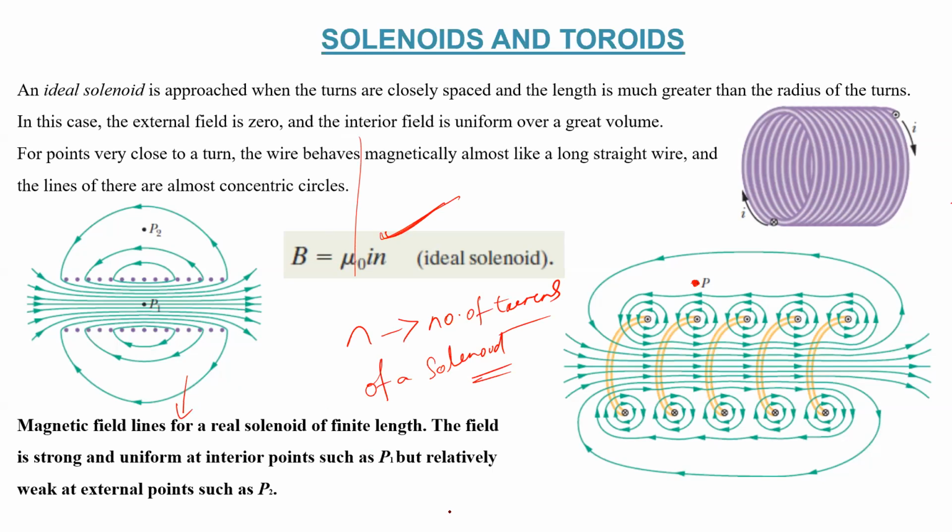This figure represents the magnetic field lines for a real solenoid of finite length. The field is very strong and uniform at interior points, but relatively weak at outer points. So mu 0 I n is the strength of the magnetic field.